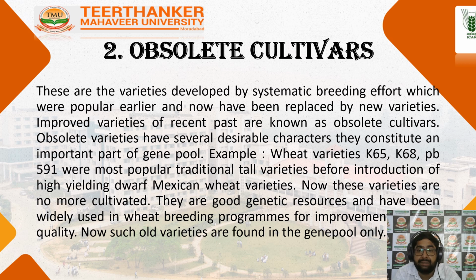For example, wheat varieties K65, K68, and PB591 were the most popular traditional tall varieties before the introduction of high yielding dwarf varieties. Now these varieties are no more cultivated. They are a good genetic resource and have been widely used in wheat breeding programs for quality improvement. Such old varieties are found in the gene pool.